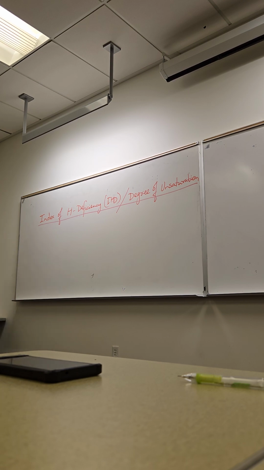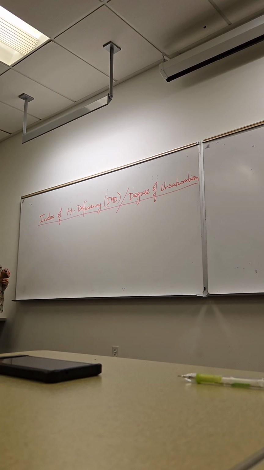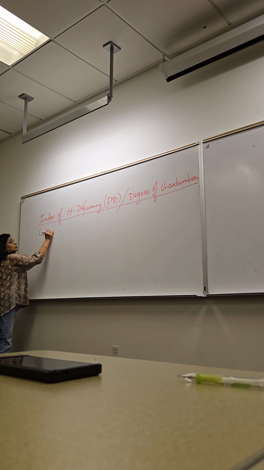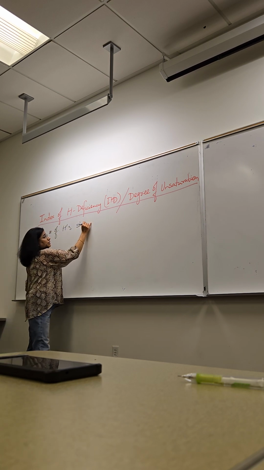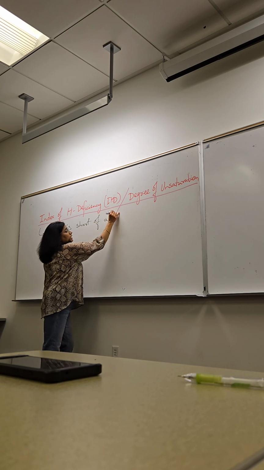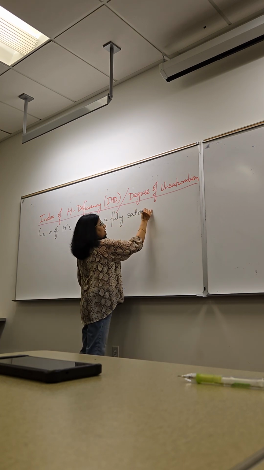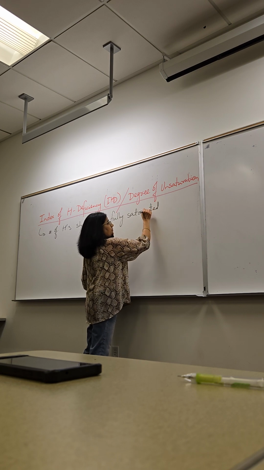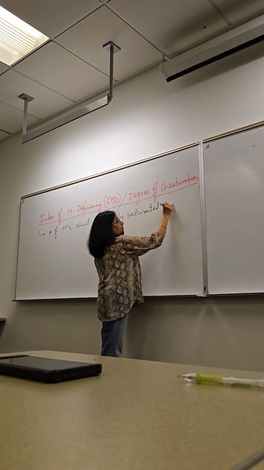So let's go over this first, learn this, and then we'll start proton NMR. What this is basically telling us is the number of hydrogens short of a fully saturated molecule. And that is extremely useful information to have.